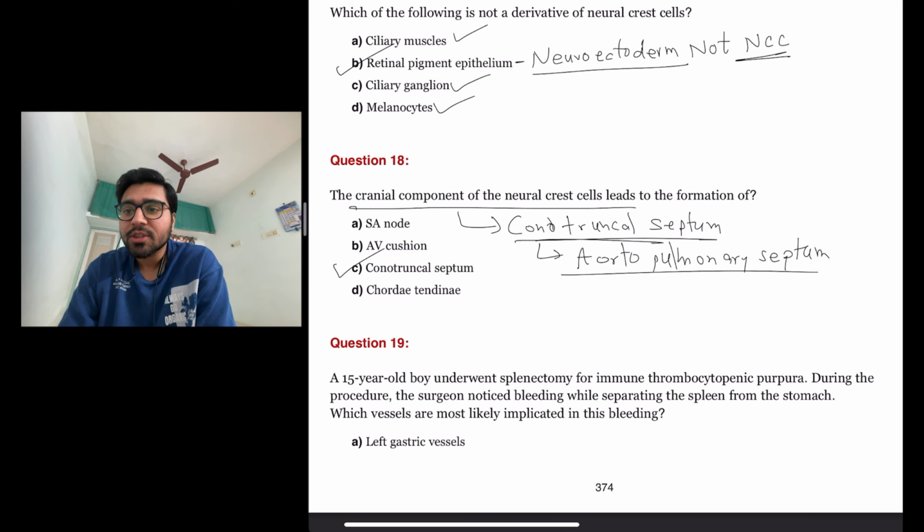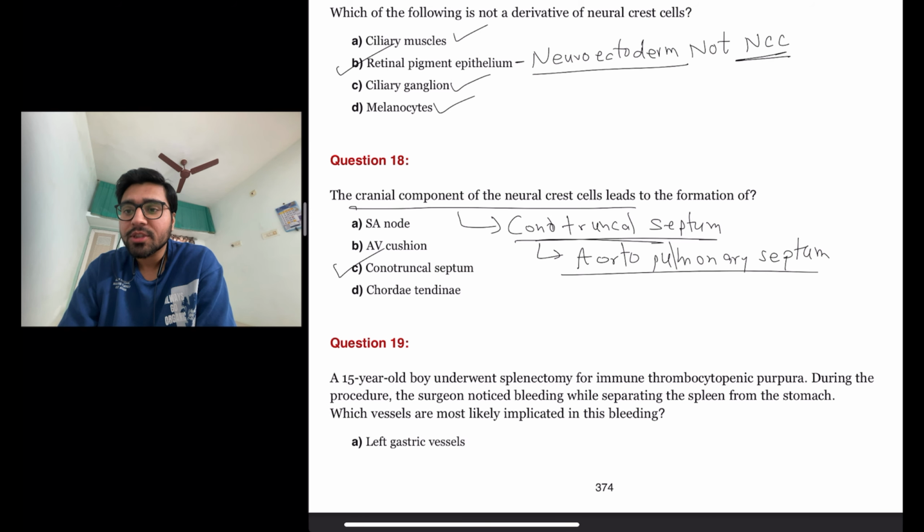So the vessels supplying the spleen are short gastric vessels from the stomach. Okay. So the vessels that are most likely to be implicated during this bleeding is short gastric vessel. The answer is B.